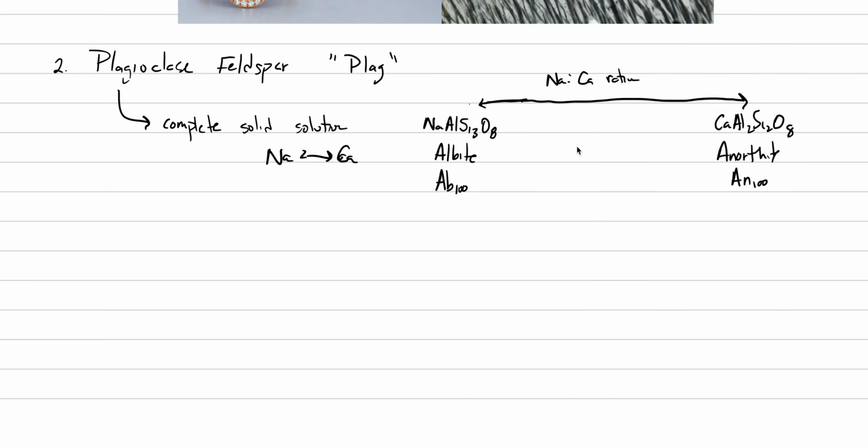And you could have compositions of plagioclase anywhere here along the way, and they all have different names, and you could also symbolize them different ways. So if it's close to An100 but not all the way, this might be Ab30 An70. It has to sum to 100, but that would be a way to give a symbology to a plagioclase that has some composition intermediate along the solid solution.